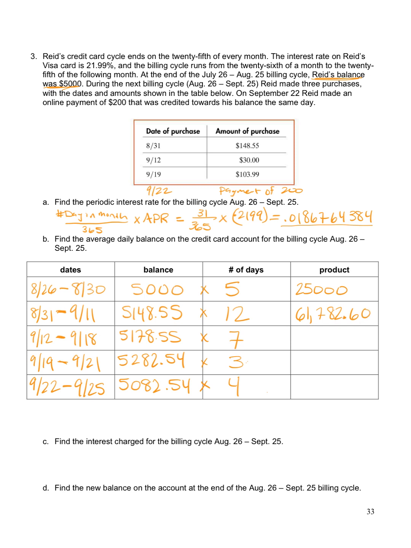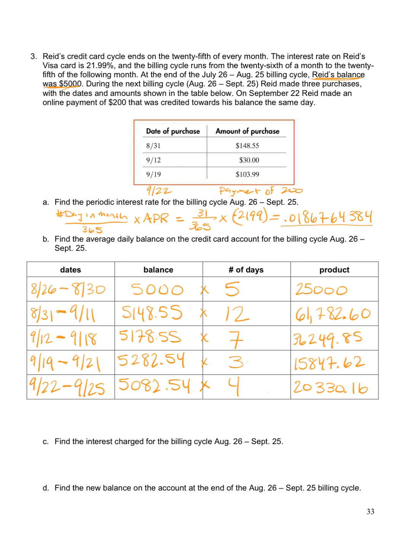And then 5,178.55 times 7 is $36,249.85. 5,282.54 times 3 is $15,847.62. And then 5,082.54 times 4 is $20,330.16.